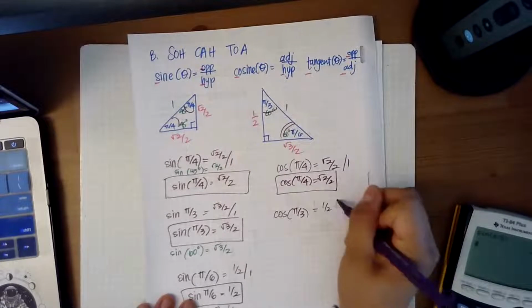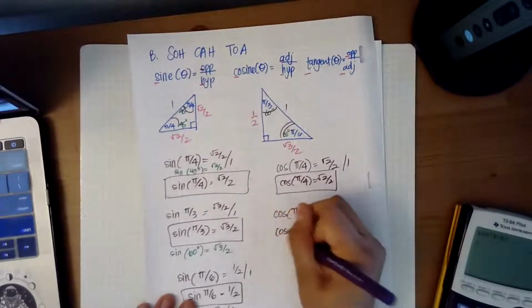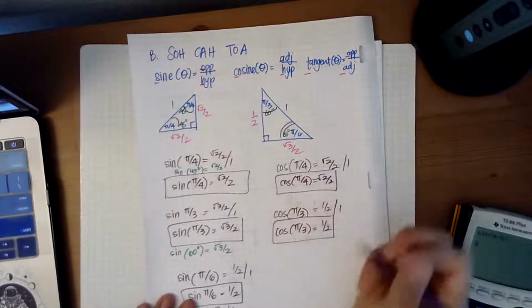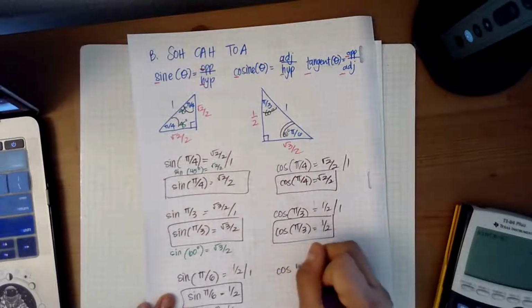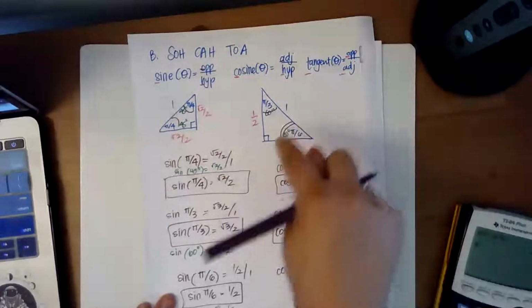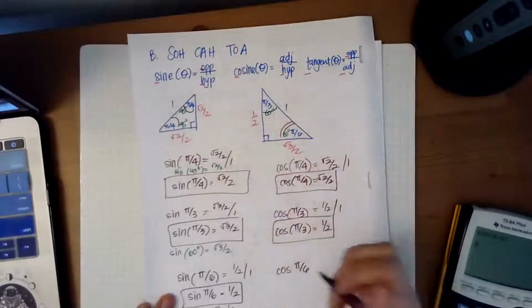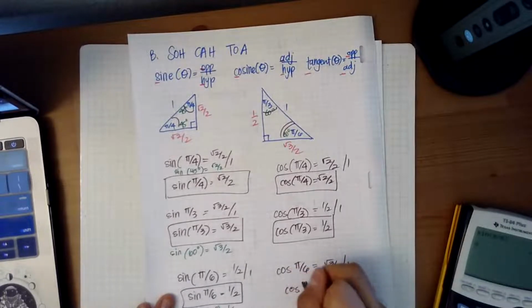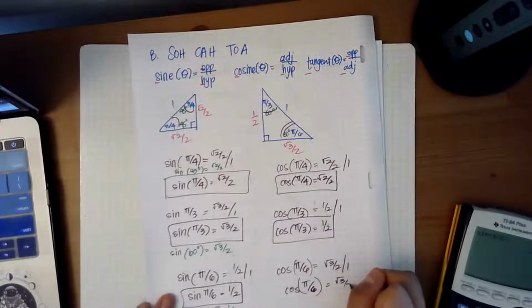That gives me 1/2 over 1. So that means that I have cosine of pi over 3 is equal to 1/2. And cosine of pi over 6, so now here, adjacent over hypotenuse, it's going to give me radical 3 over 2 over 1, which means that cosine of pi over 6 is equal to radical 3 over 2.